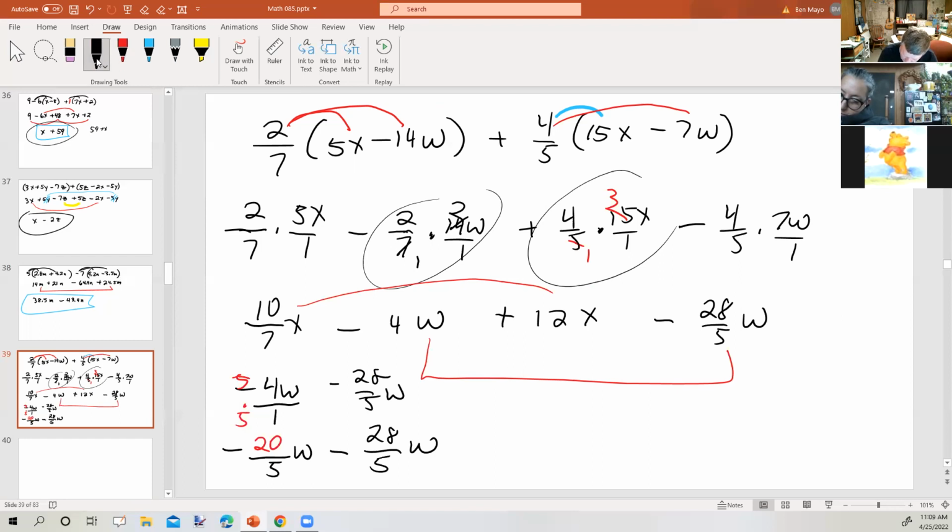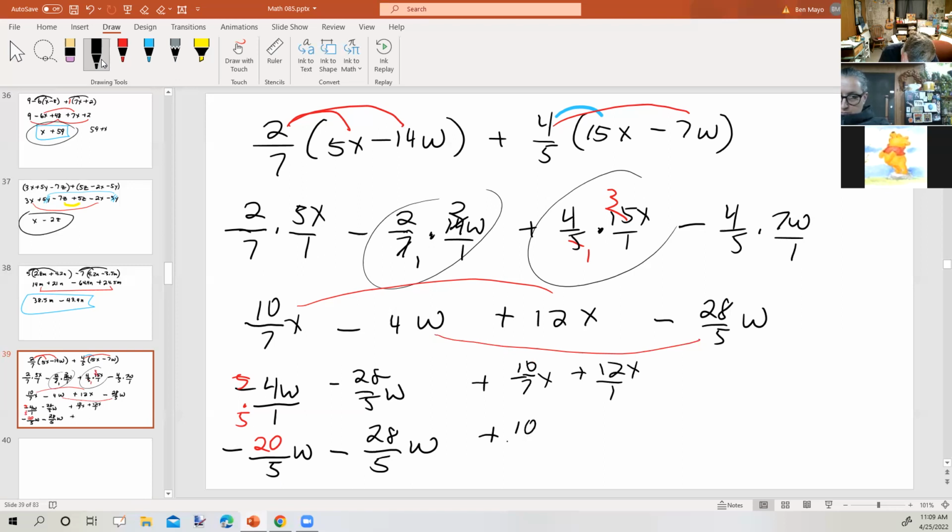Now, going on, going after that, I've got plus 10/7 x plus 12 over 1 x. Common denominator of 7 and 1 is 7.